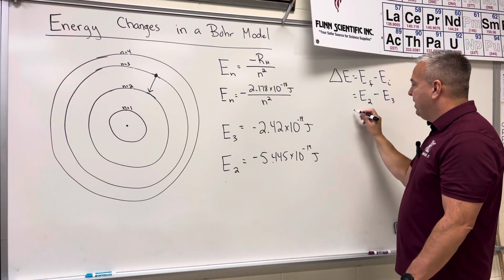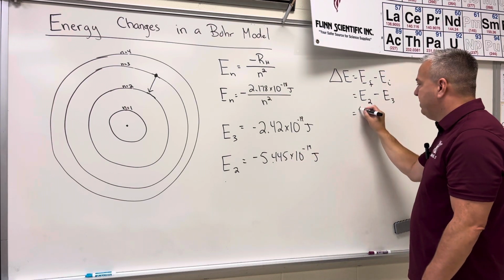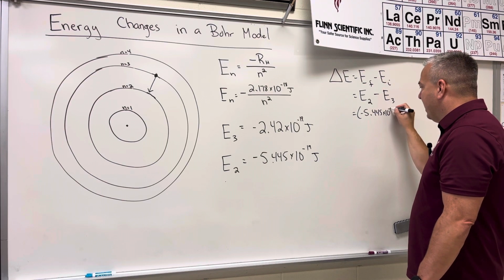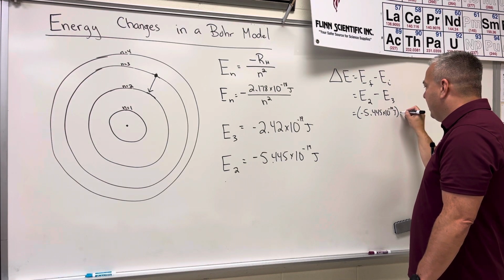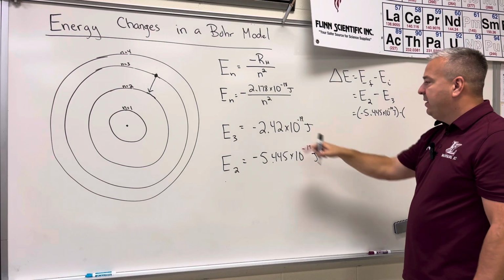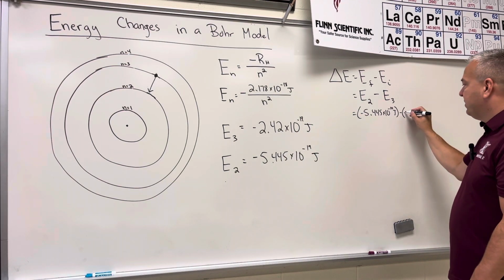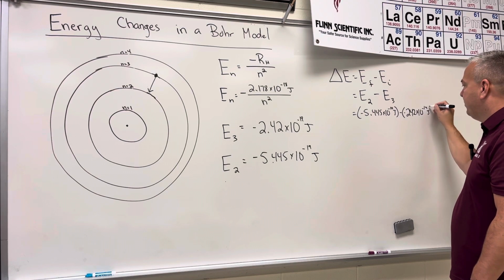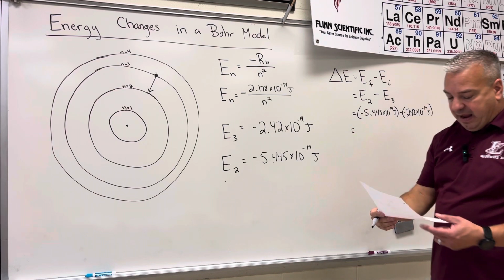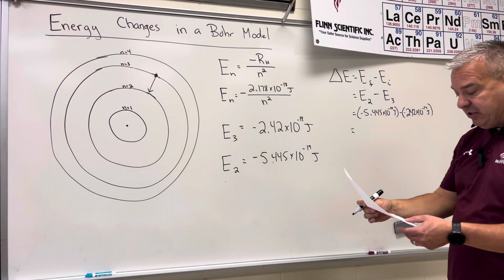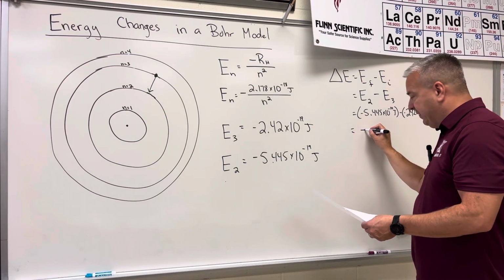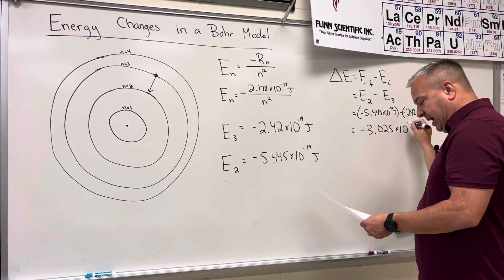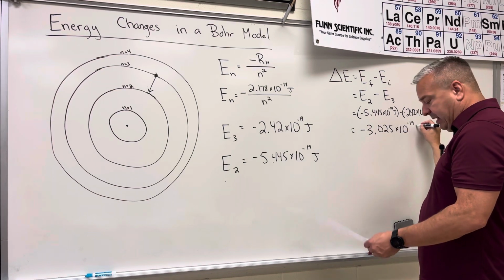So the energy level at 2, we figured out to be negative 5.445 times 10 to the negative 19 joules. And we're going to subtract that from the energy level at 3, which is negative 2.42 times 10 to the negative 19 joules. And when I do the subtraction there, I get this number of negative 3.025 times 10 to the negative 19 joules.